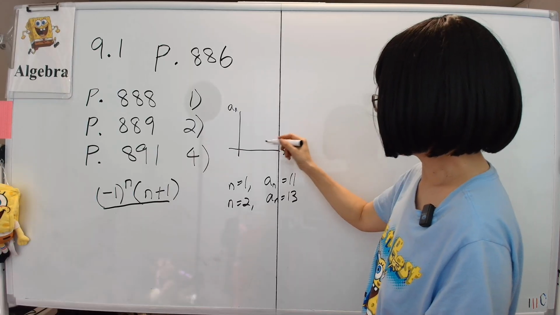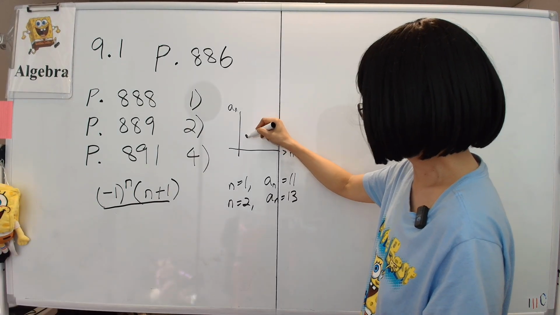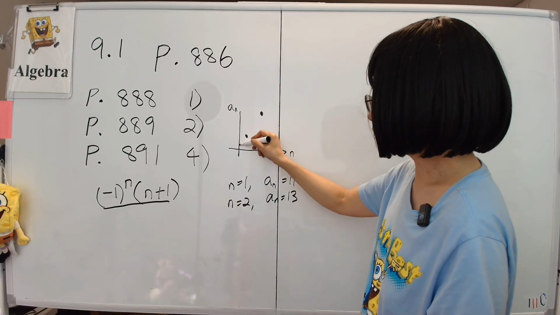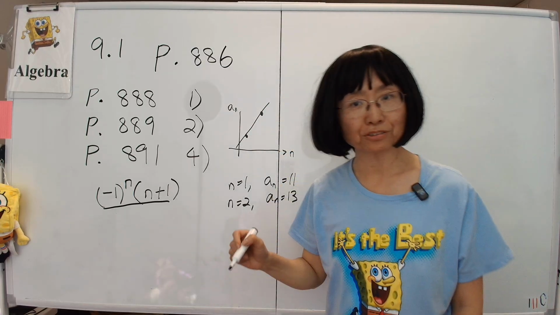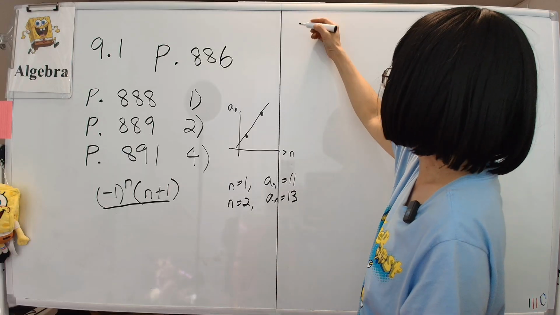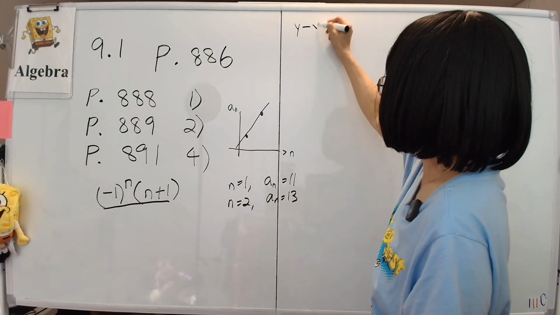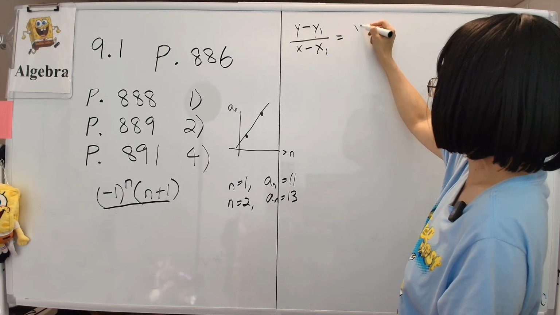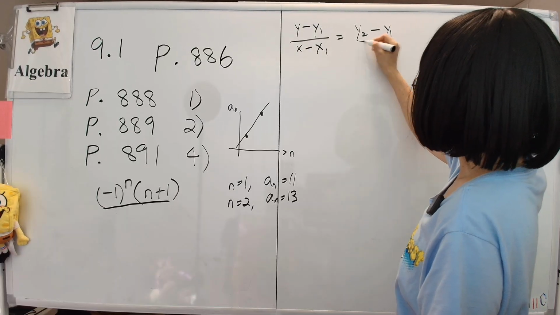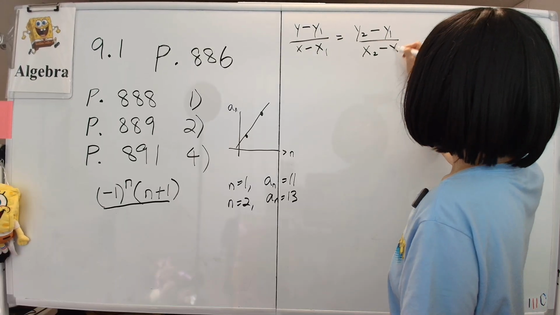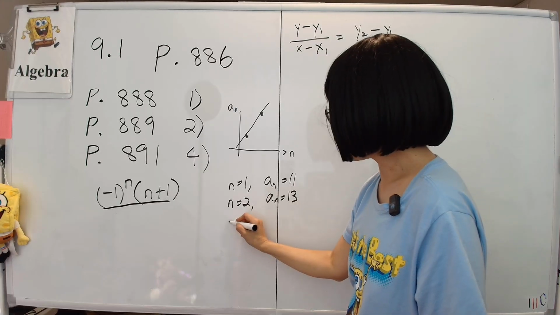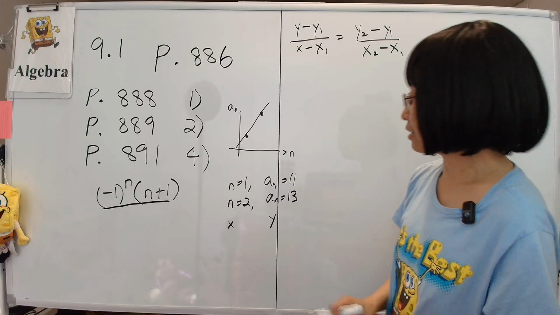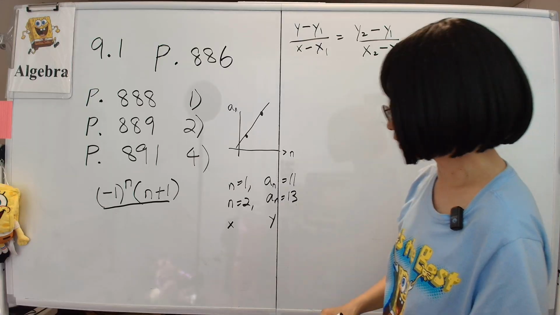That is, when n is 1, an equals 11, and when n is 2, an equals 13. So you have 2 points, and what we need to know is the formula of the straight line across them. So we use this equation: y minus y1 divided by x minus x1 equals y2 minus y1 divided by x2 minus x1. In this case, the x's are n and the y's are the an's.